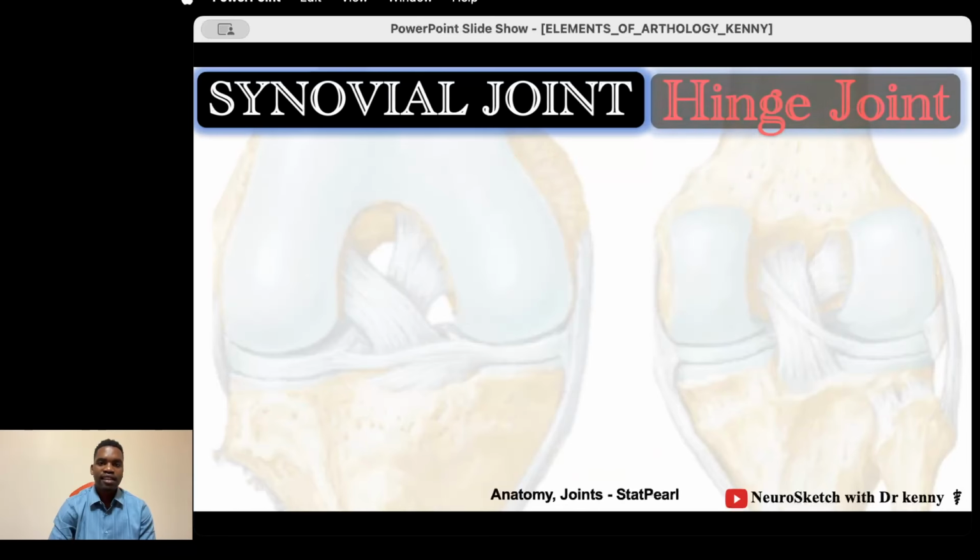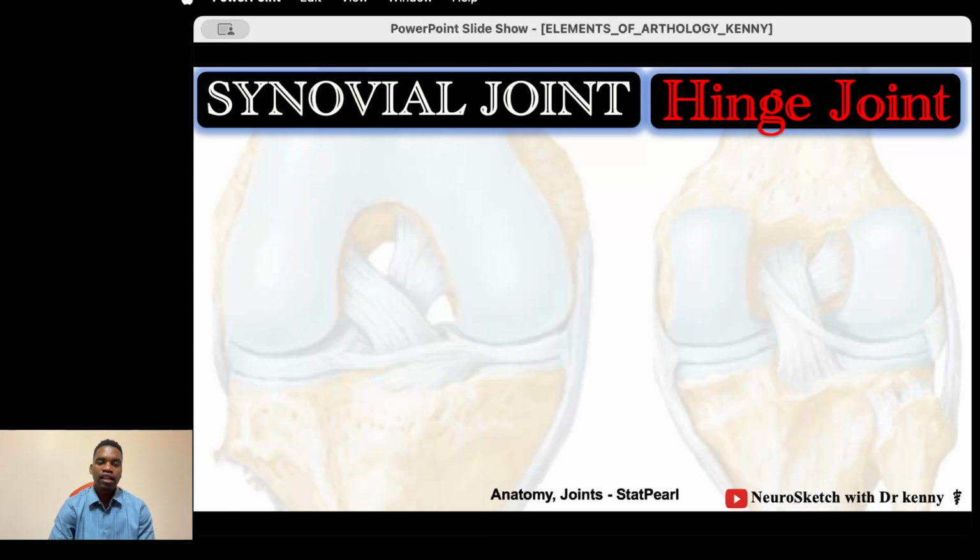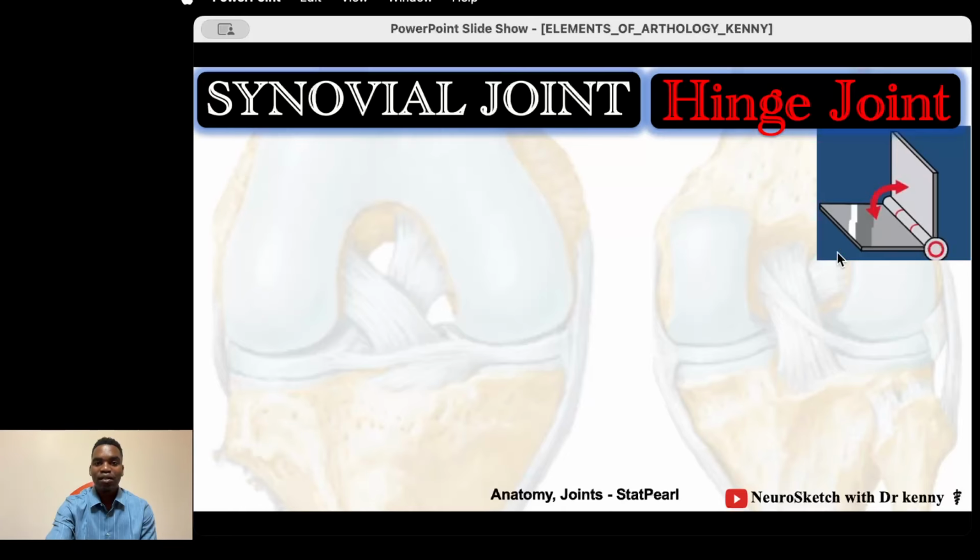So the third type is the hinge joint. I think you already know the hinge joint, and it's known as hinge because of these doors, like we have these Swahili doors that have hinges. They are known as hinge because of this characteristic feature that they open in one direction.